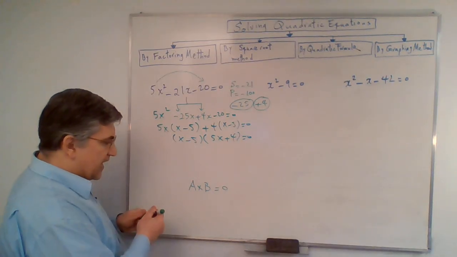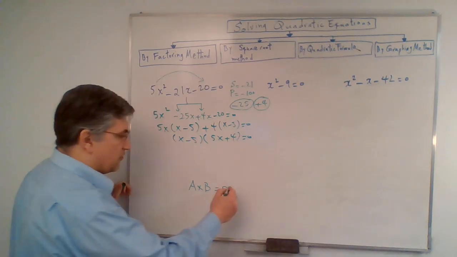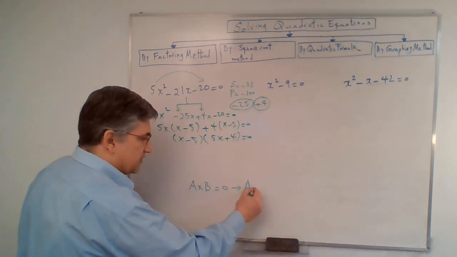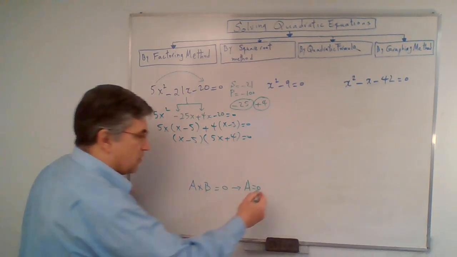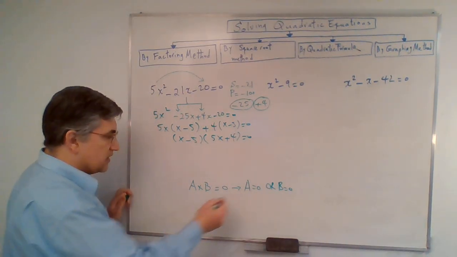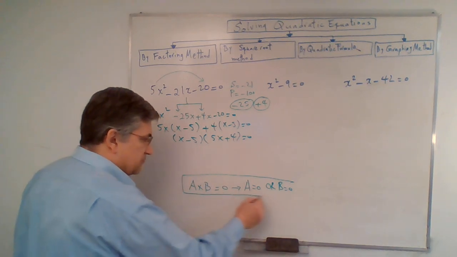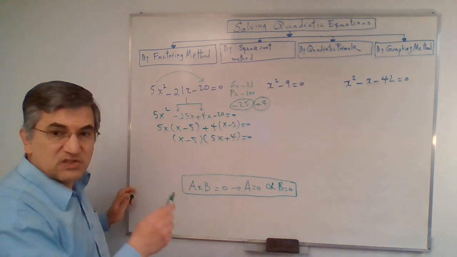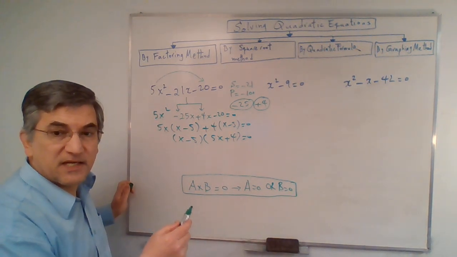And if this happens, if a times b is equal to 0, then we say either a is equal to 0 or b is equal to 0. Okay, so this is an important property known as the zero product property in mathematics.